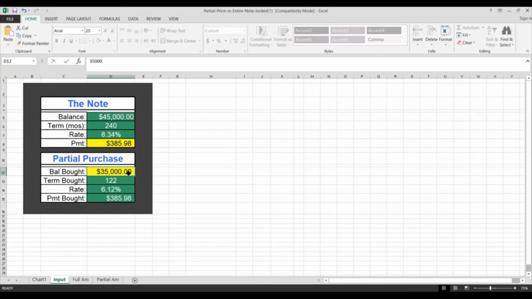But let's move on and say let's try to get all of it back. You purchased a $45,000 note at 40,000, a $5,000 discount, which is realistic. So now you're looking for an investor that's willing to put in 40,000.